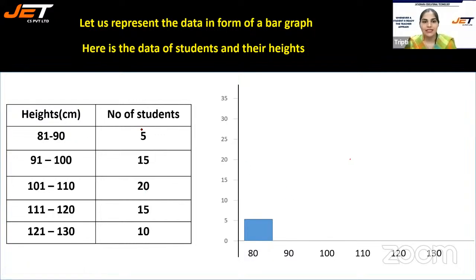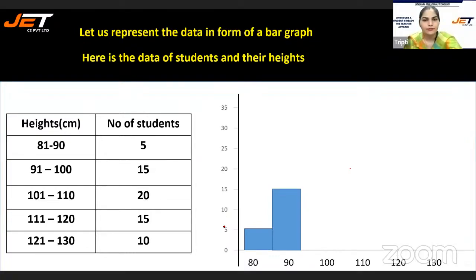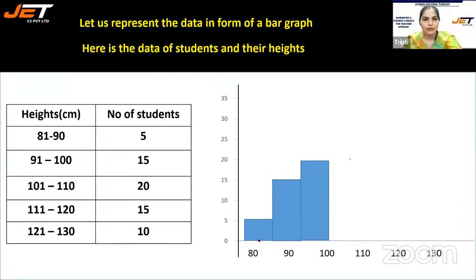So first is 81 to 90. So this is between 81 to 90, right? So it's 5 students. So I have made 5 students. Then 91 to 100. We have the other set of students from 101 to 110, 111 to 120, and 121 to 130. So here we need to just adjust it.